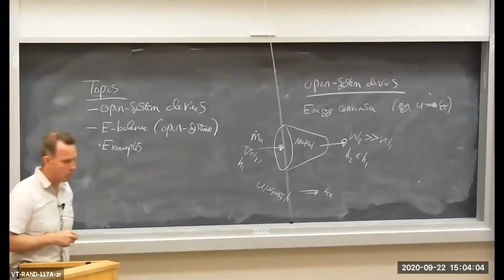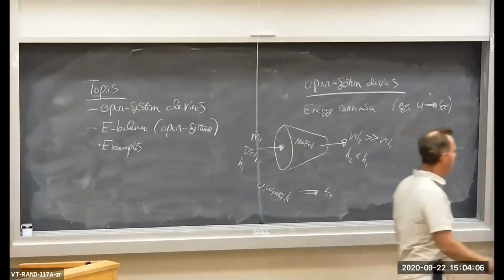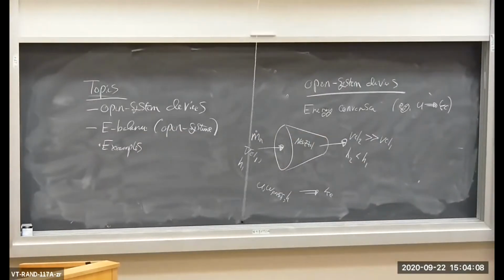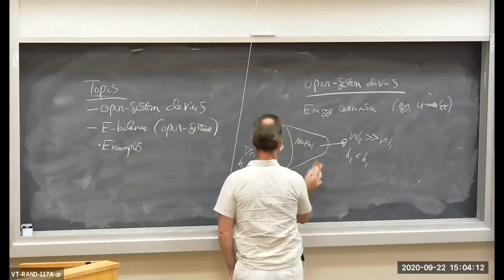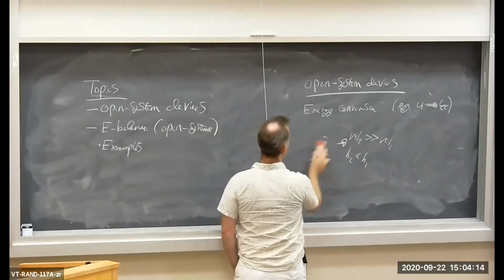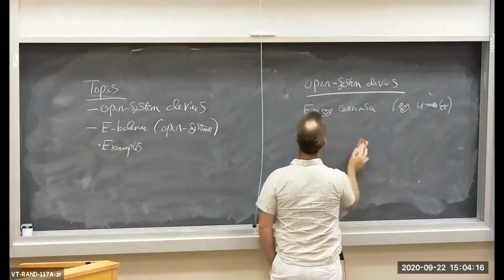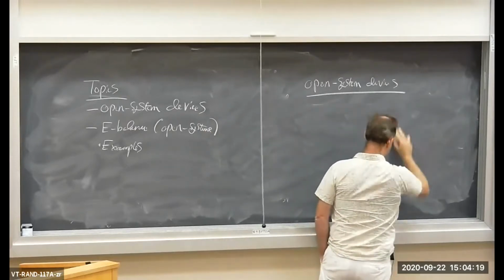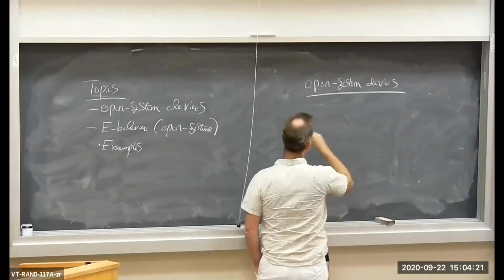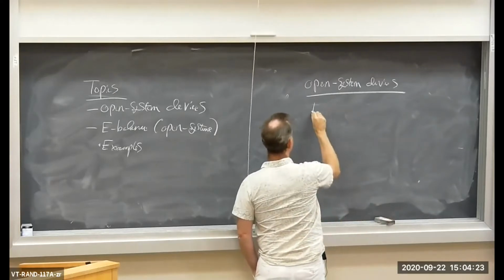We also have one last class of device that we're going to talk about here, and those are heat exchangers. So a heat exchanger transfers heat from one system to another, one open system to another.